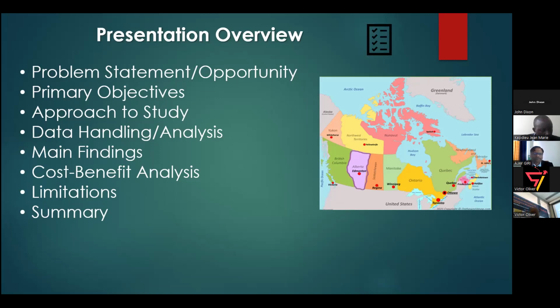And when you do this kind of study, very importantly, there is the cost-benefit analysis, because that's the bottom line from a practical standpoint. So there's also a section that addresses that, and of course some limitations and delimitations. And at the end, a wrap-up of all the important points associated with the findings of the project.